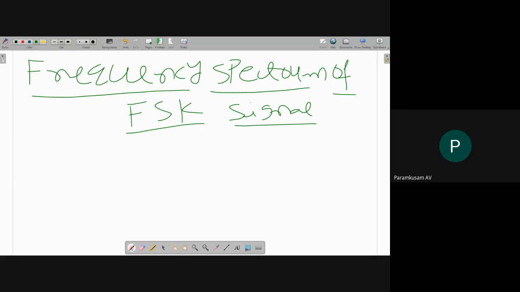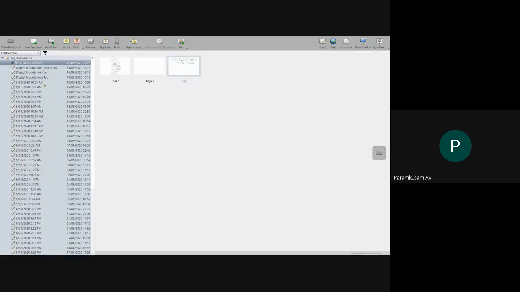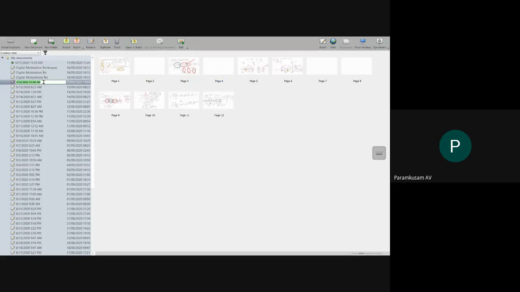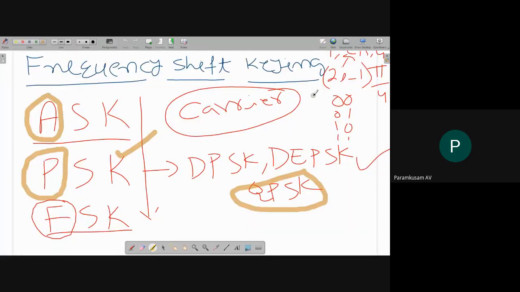If you observe frequency shift keying, we have just discussed it yesterday. This is the document that we discussed in the previous class.